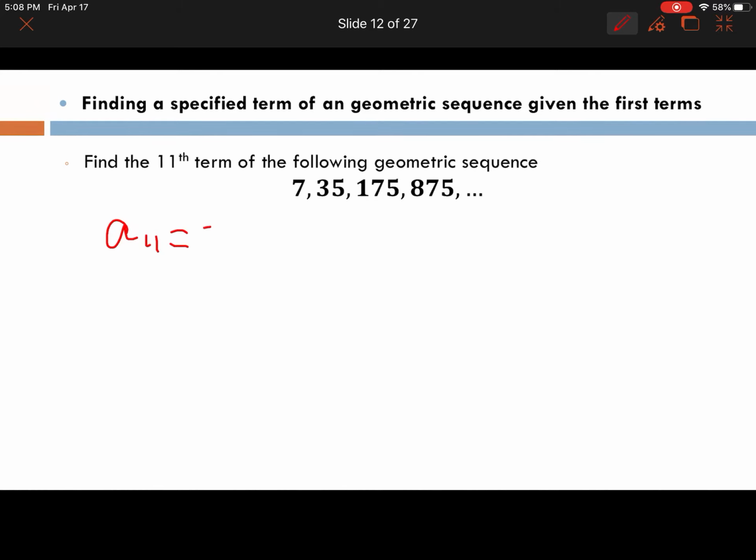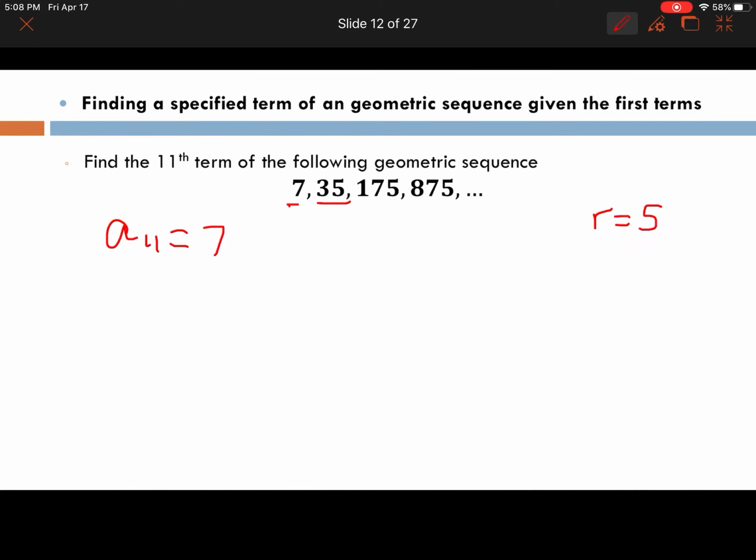So we're going to do a sub 1, that would be my 7. Now, what is my r? I'm looking at 35 divided by 7. Should be 5. And if you want to double check, you could plug in 175 divided by 35, and that should be 5 as well. Right? So r is 5.